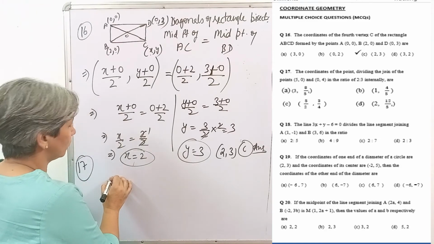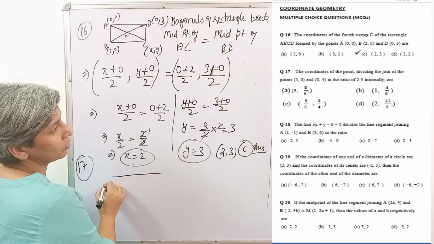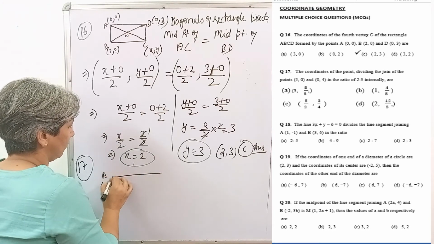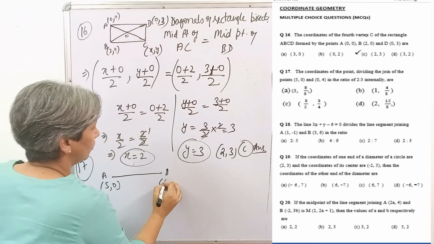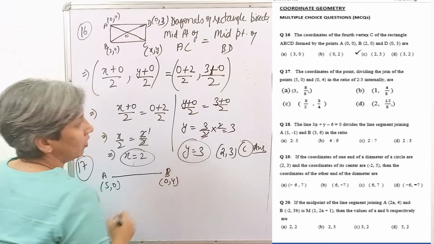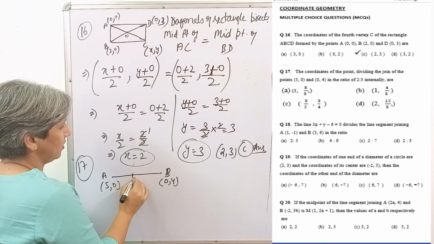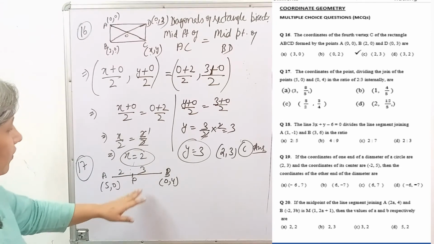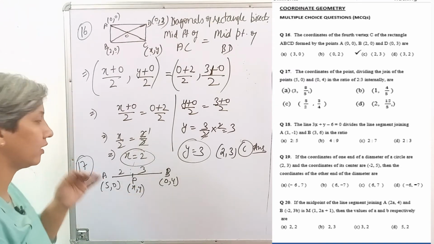They're saying the coordinates of the point dividing the join of the points, suppose A is (5, 0), B is (0, 4), and the point P divides them in 2:3. So we have to find the coordinates of P, right?